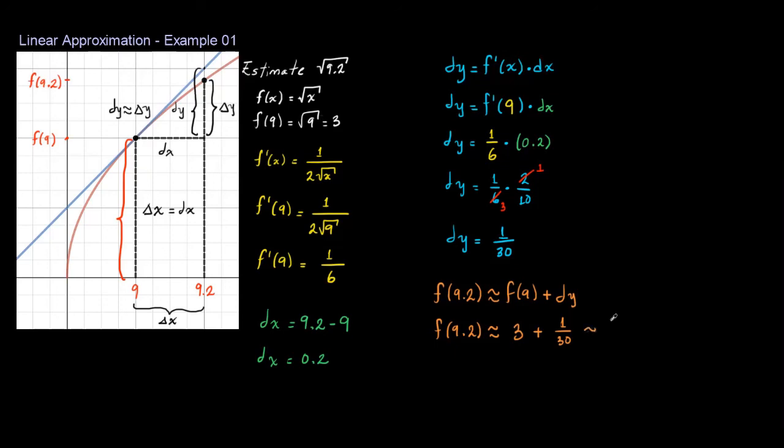This would be equal to 3 and 1/30. So with this we are done with this example. Feel free to rewatch it again. Well, that would be it for this one.